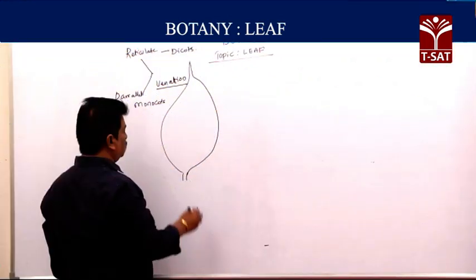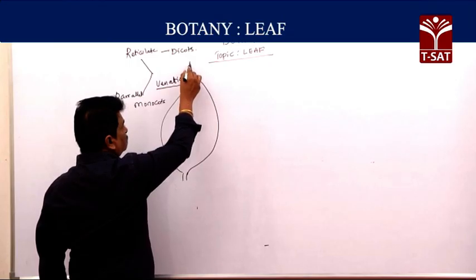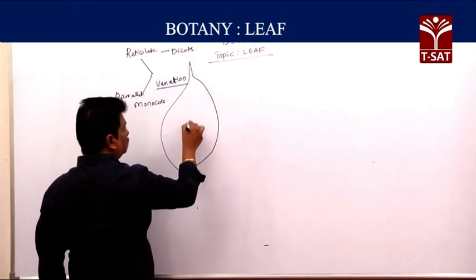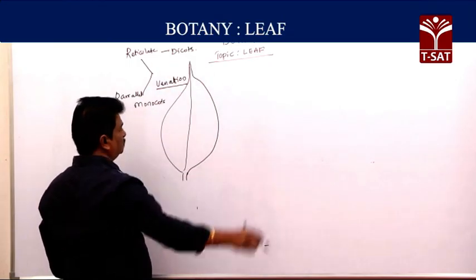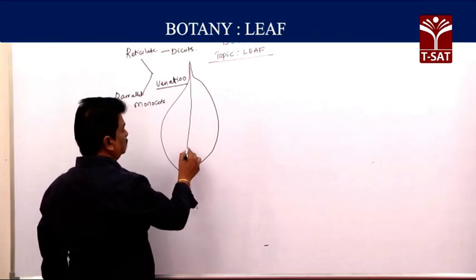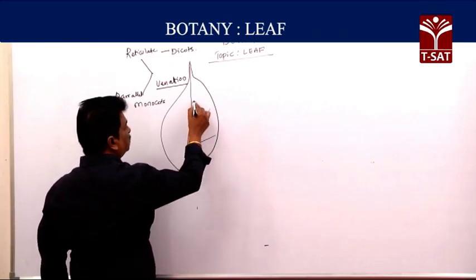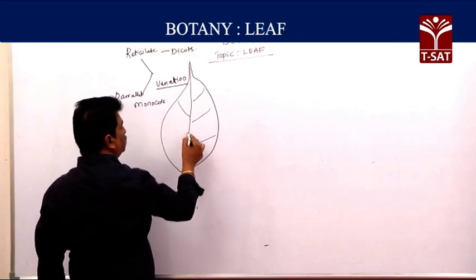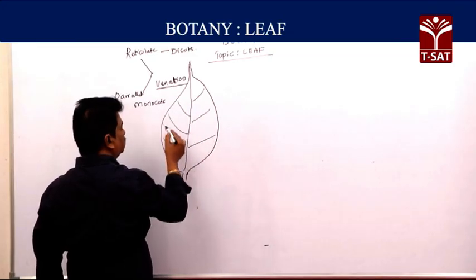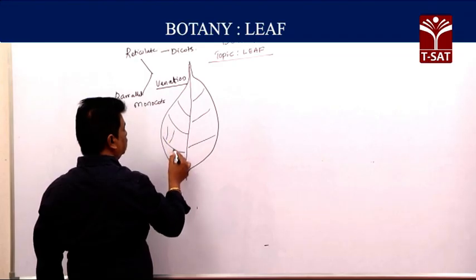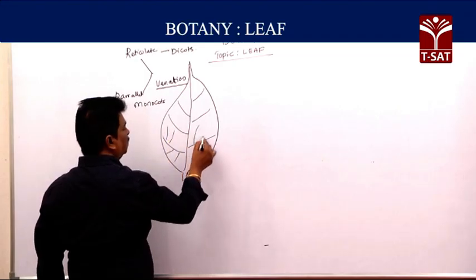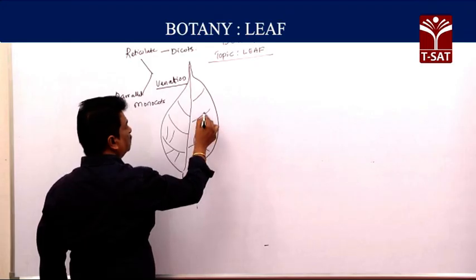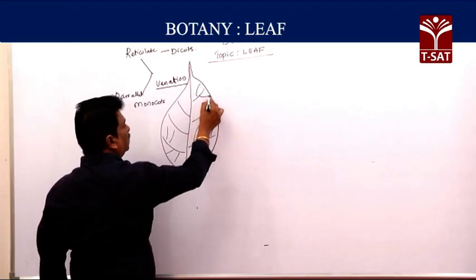Then what does reticulate venation mean? In reticulate venation, the midrib runs from base to apex. Then this midrib gives lateral veins. These lateral veins give veinlets, and the whole arrangement of veins and veinlets on the lamina looks like a net.